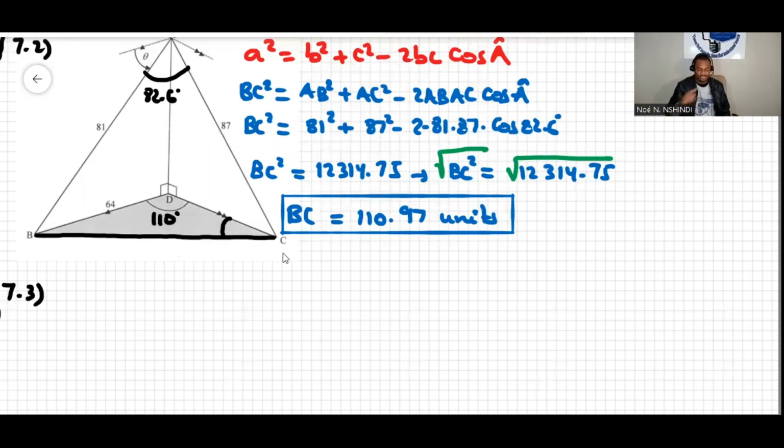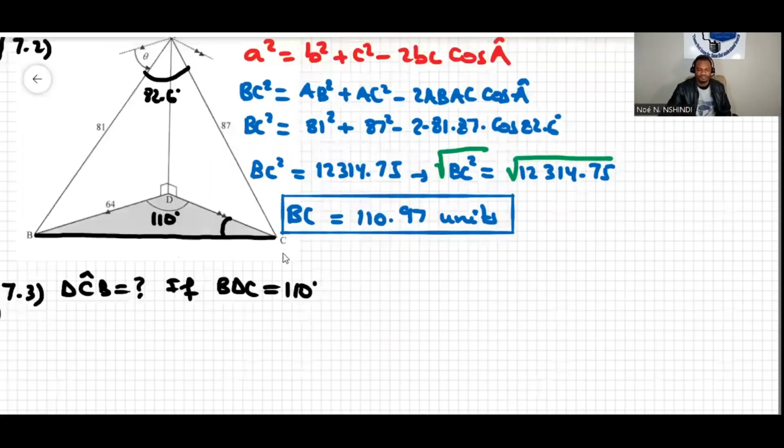So we're looking for DCB, if BDC equals 110 degrees.